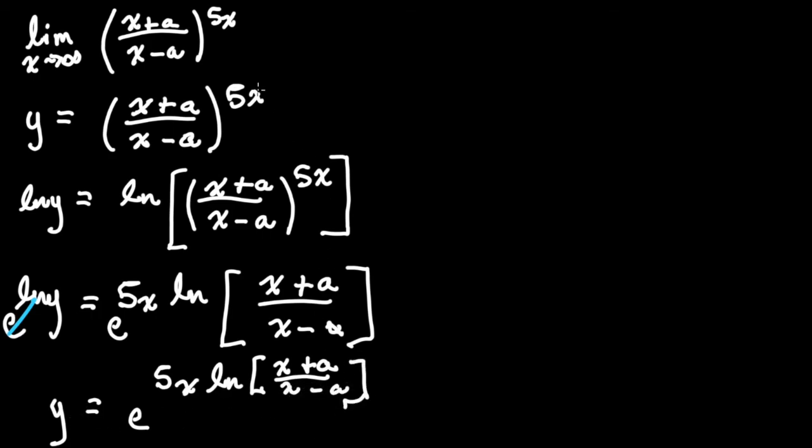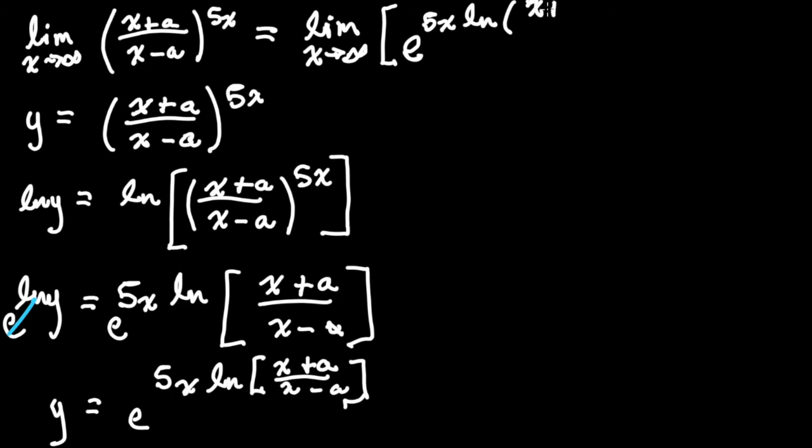And so now we can put that y value back into our original limit. So this limit is also equal to the limit as x goes to infinity of e to the 5x ln of (x plus a) over (x minus a).